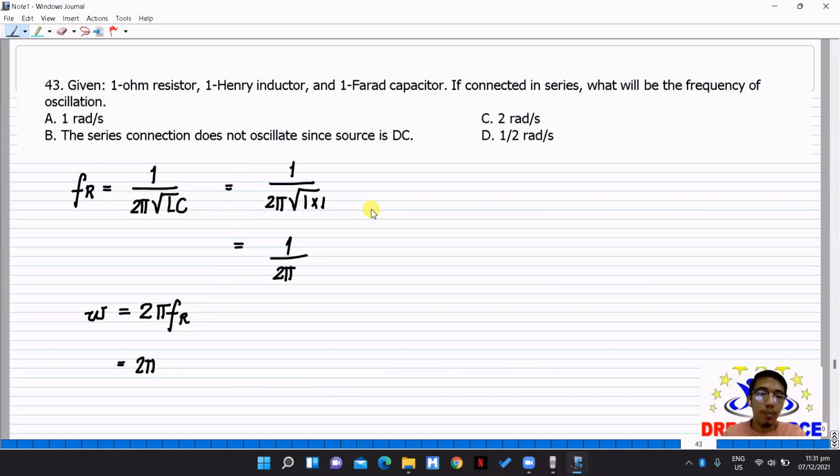So we have here 2 pi times fr of 1 over 2 pi. So ang meron tayo is 1 rad per second. Sa key answer natin, that is also letter A. So instead of the frequency of oscillation, parang may sub-question pa dito na what is the angular velocity?